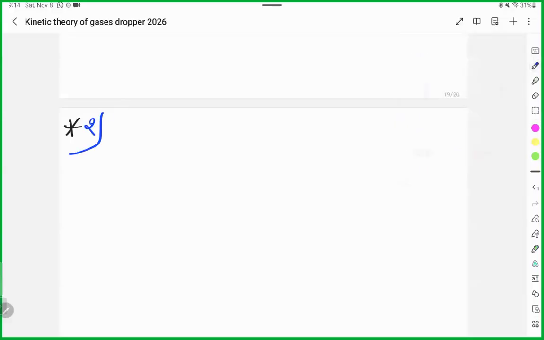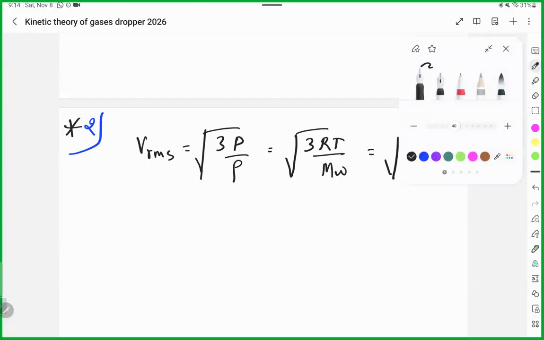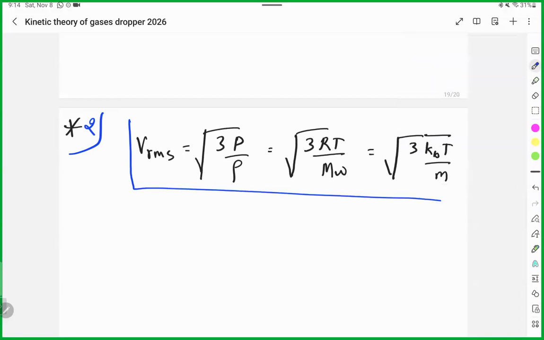When you calculate VRMS, this is equal to under root 3P by rho, or 3RT by molar mass, or 3kBT by M, right? These were the three forms, correct? Yes or no?